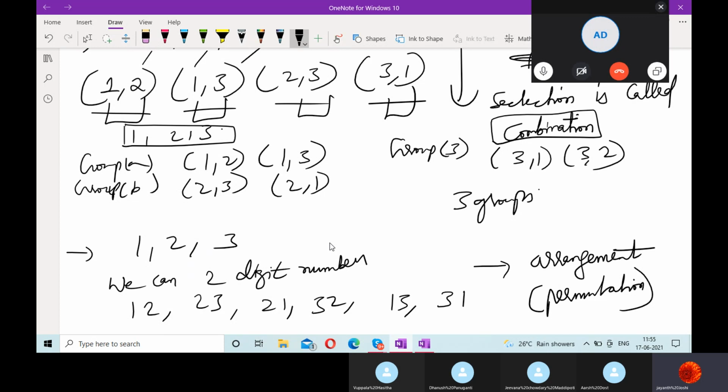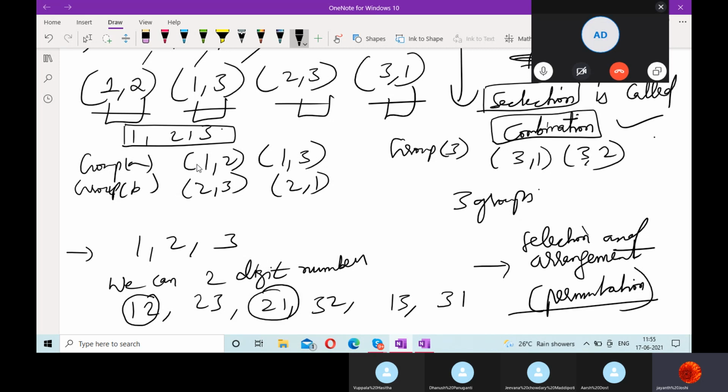Only selection is combination. Now please write down these two points. You are selecting the numbers and arranging them: selection and arrangement is permutation. Just selection is combination. You are arranging one time as 12 and another time you are reversing it and making it 21.